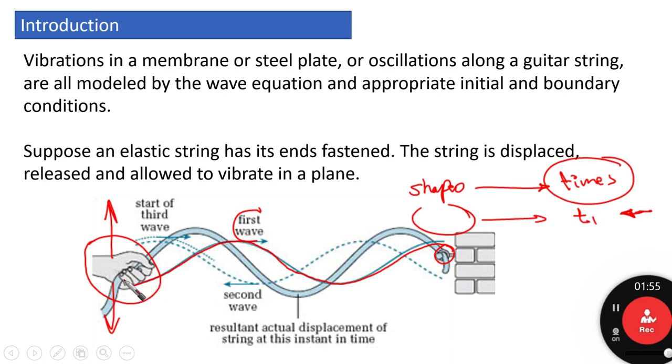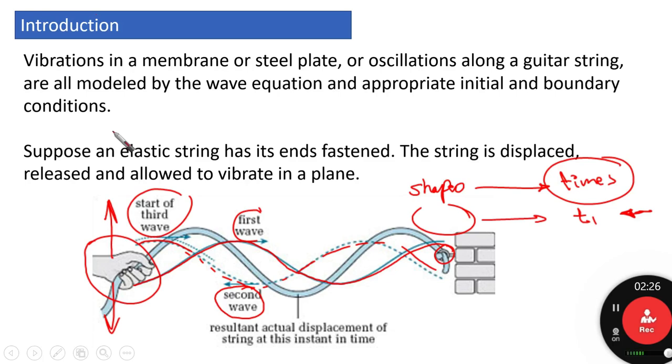After that, if we move it again, we're going to find that the second wave is formed in this dotted line, for example. And then there is a third wave that might also form, and the shape of the rope is going to be different from the previous one.